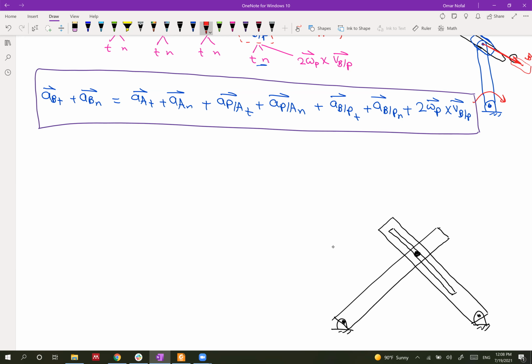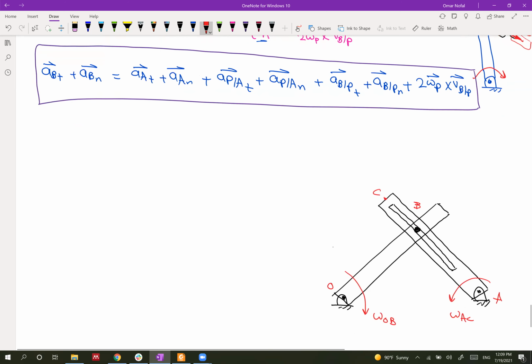So we have this point O, and this point is P, and this point is A. And this body is moving with omega OP, actually, this will be omega OP in this direction. And this body, let's call this C. If this body is moving this way, this body will be moving this way with omega AC.